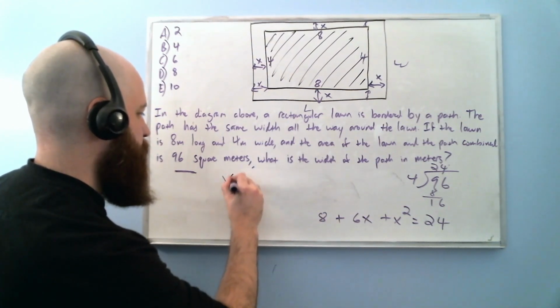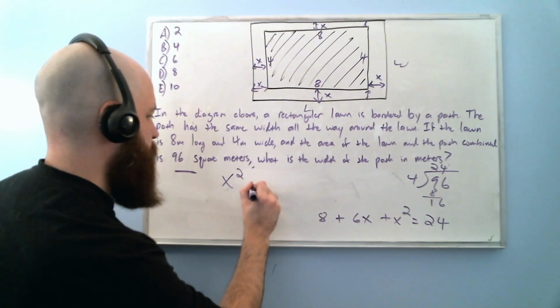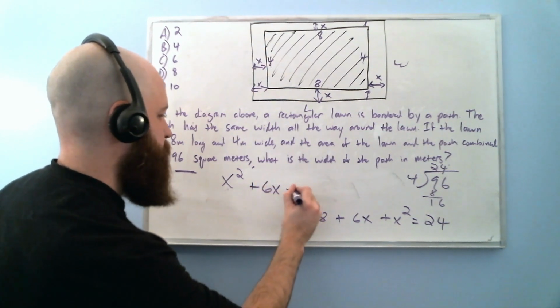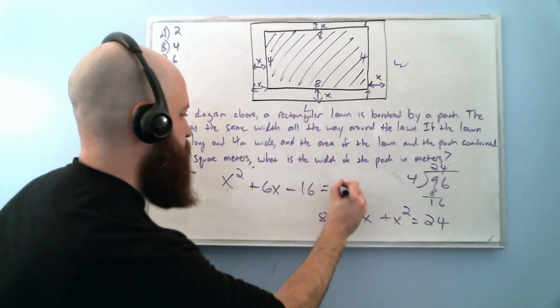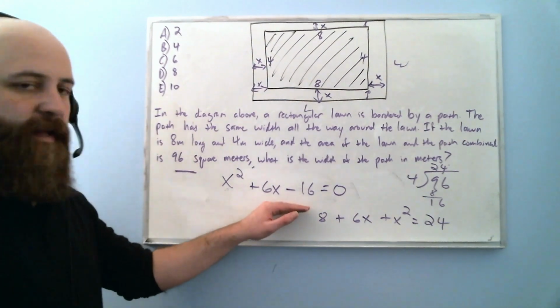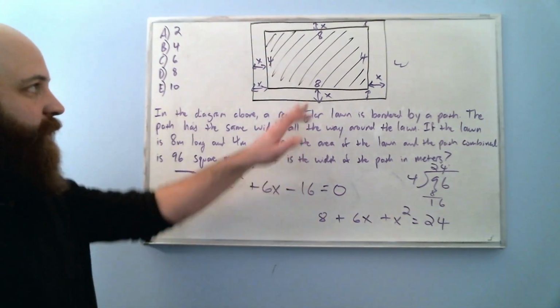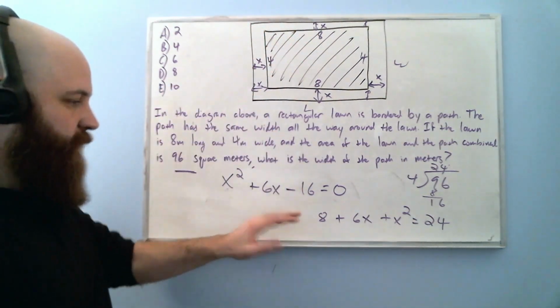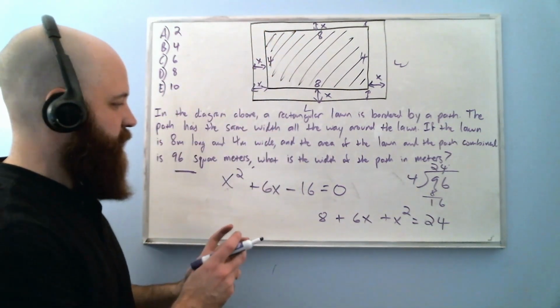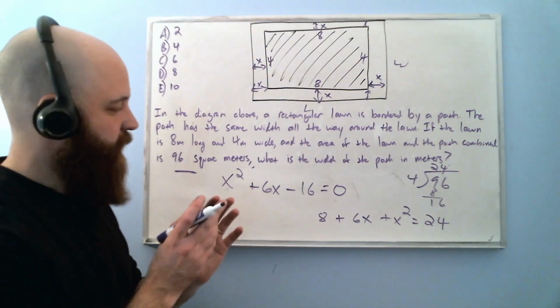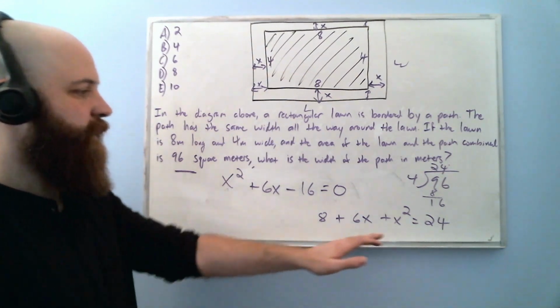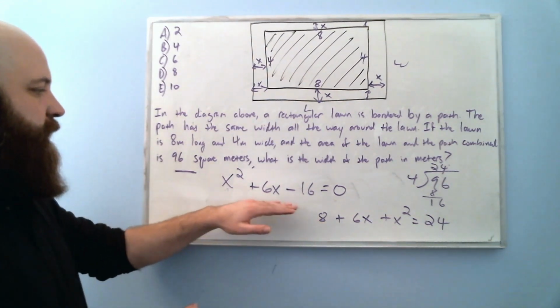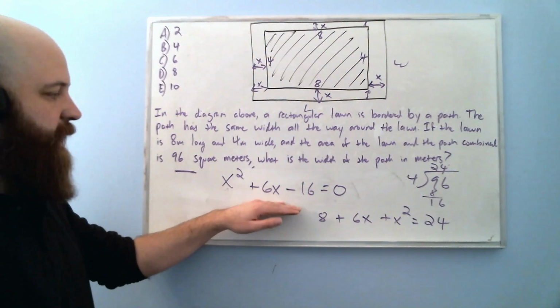That all turns into x squared plus 6x minus 16 equals 0. So how did I get here? Translate the algebra very carefully and crunch the numbers very carefully, but don't get carried away. Ask myself, is there anywhere I can simplify, make these numbers smaller, make things a lot easier? I end up with a pretty nice looking quadratic here.